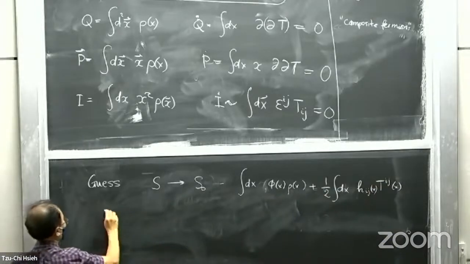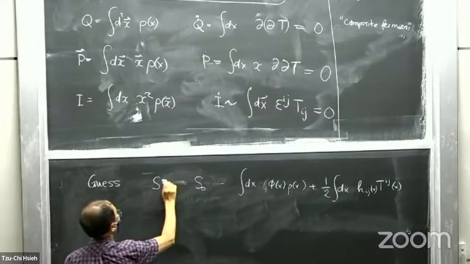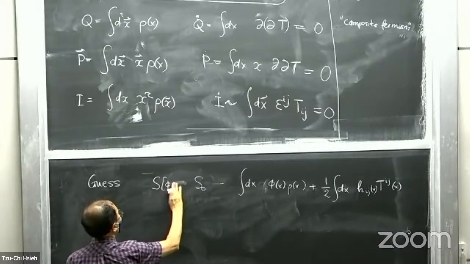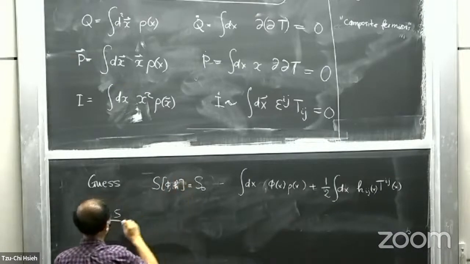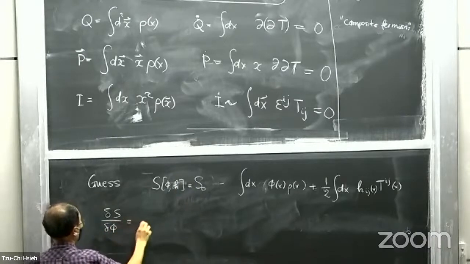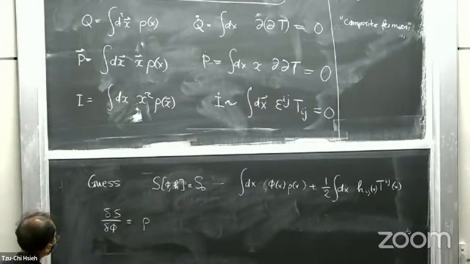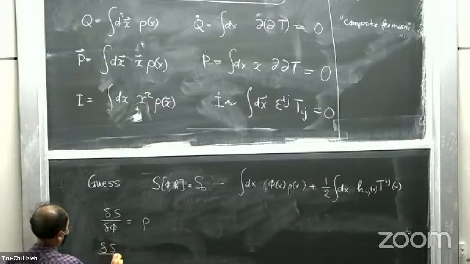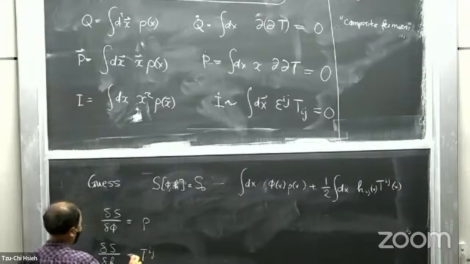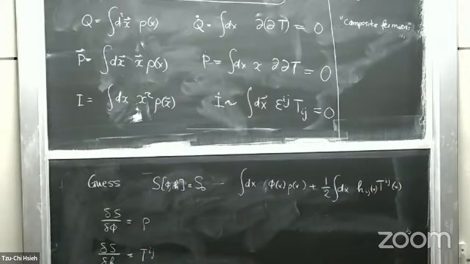So the derivative of S with respect to phi is our density. The derivative of S with respect to H_ij is T_ij, like the derivative of S with respect to A_mu is J^mu. Any question? I'm just turning on this probe field.